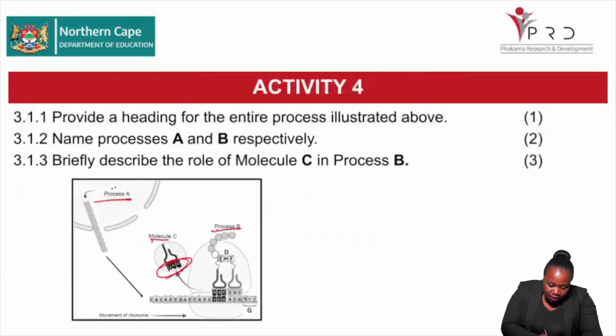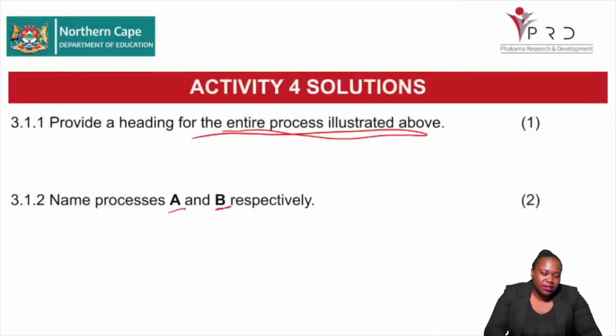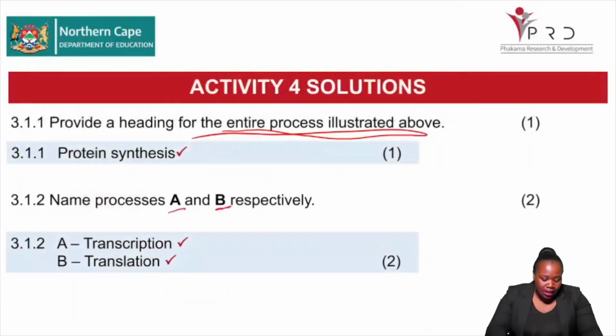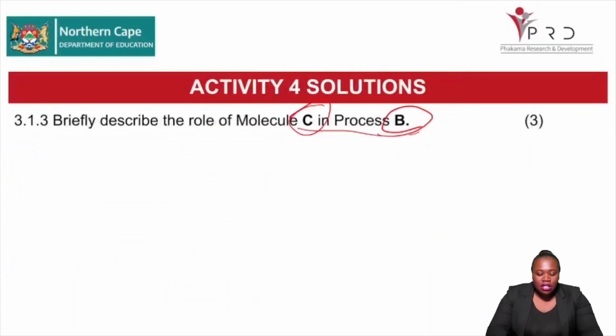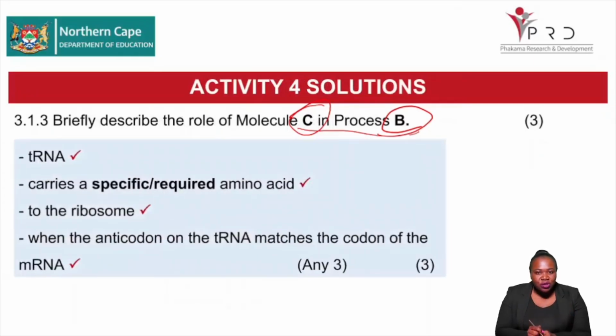Molecule C is tRNA. So what role does tRNA play during translation? We know that it brings in the specific amino acid based on the anticodons that are complementary to the codons on the mRNA, right? So how are you going to structure this? How are you going to put this answer? Remember, it's not always about the knowledge that you have. It's also about how you give the answer.